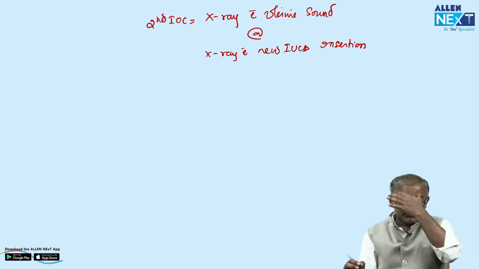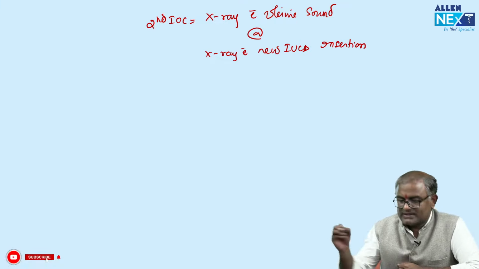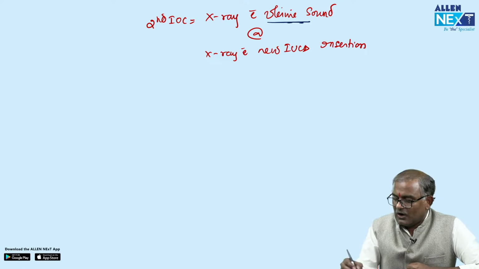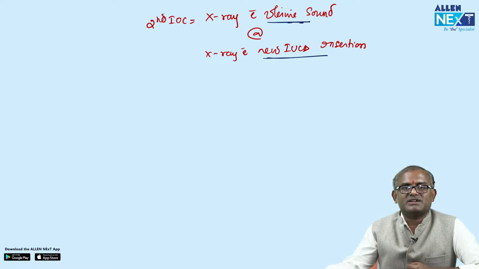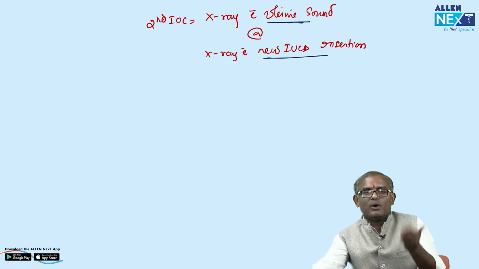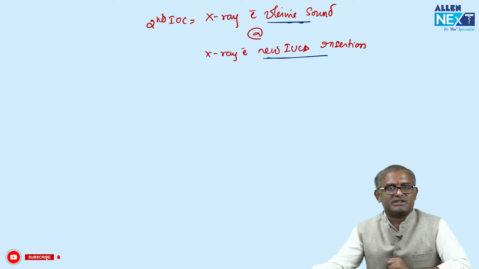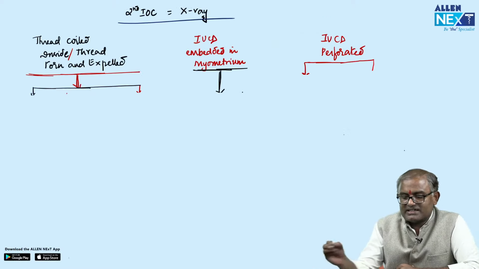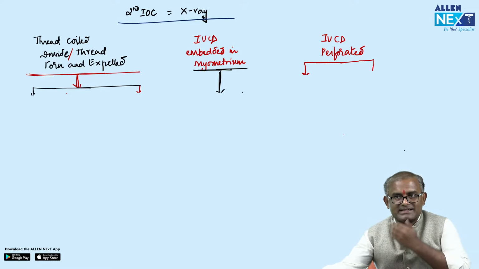So first investigation of choice is USG. Second investigation of choice is X-ray with uterine sound or X-ray with new IUCD insertion. This uterine sound or new IUCD will guide the position of the old IUCD.